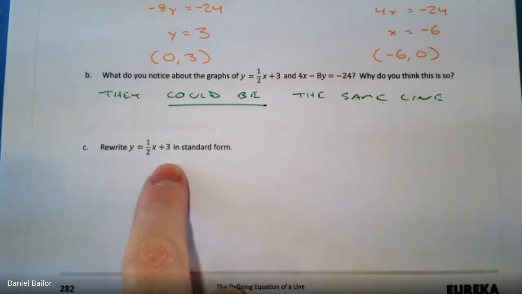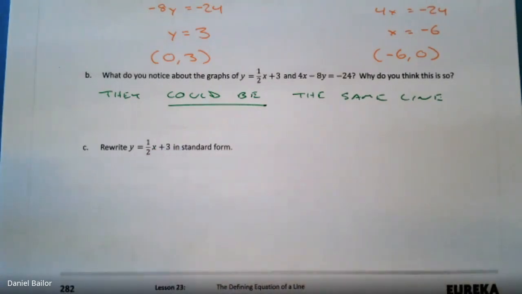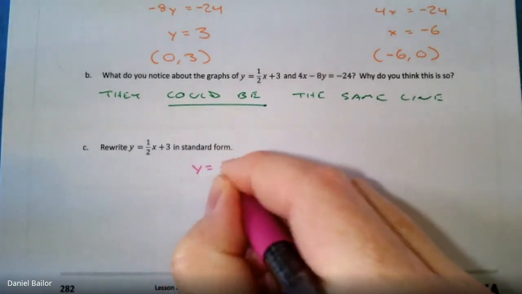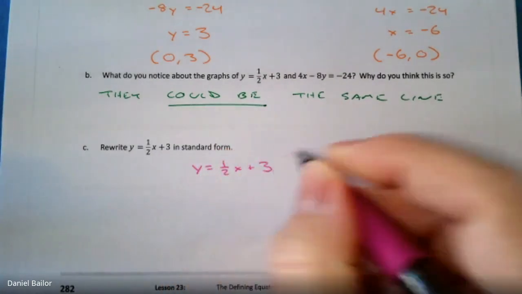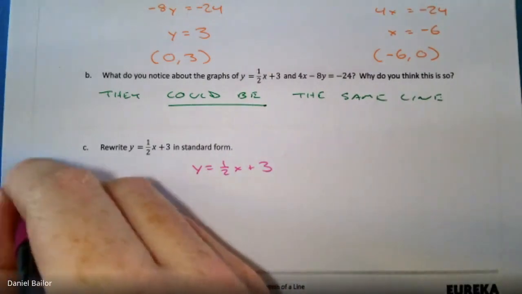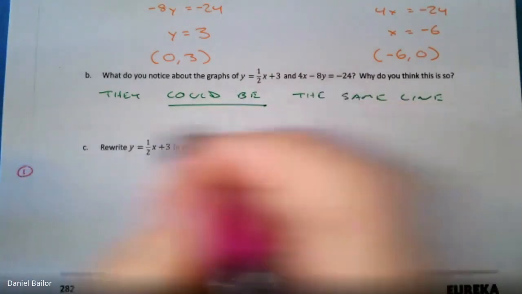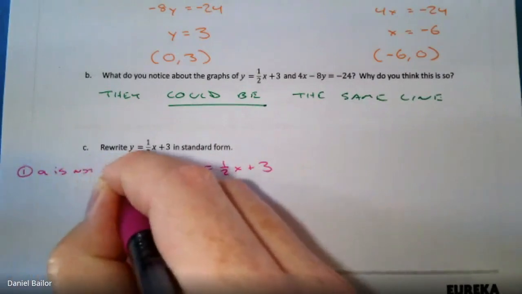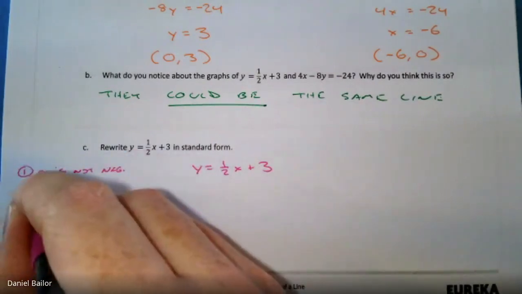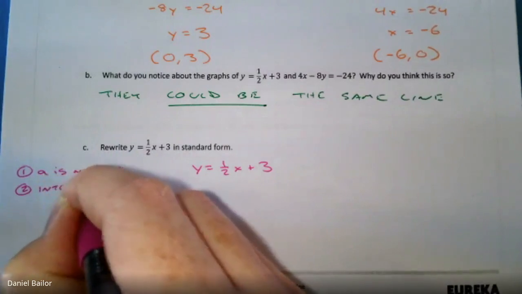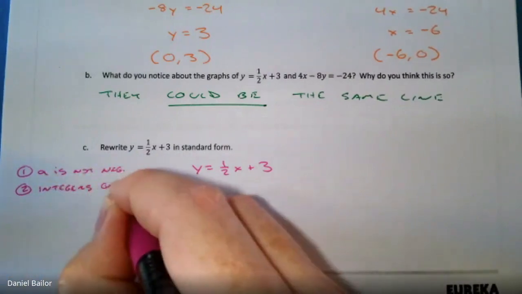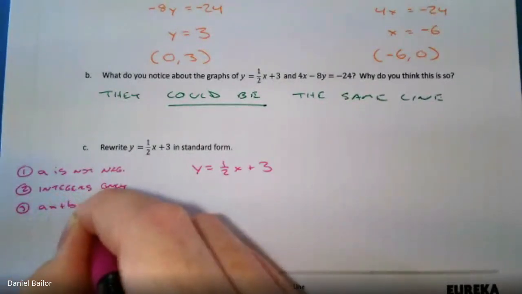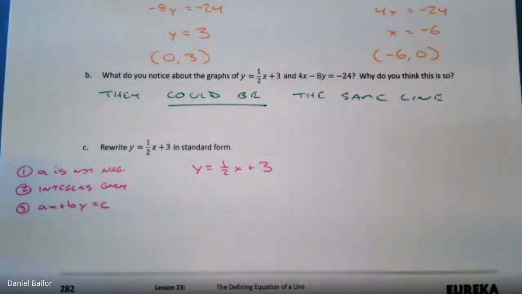So we need to rewrite this in standard form. So we have y equals 1/2 x plus 3. And remember our rules for standard form. A is not negative. Integers only. And standard form is ax plus by equals c. So those are our 3 rules.